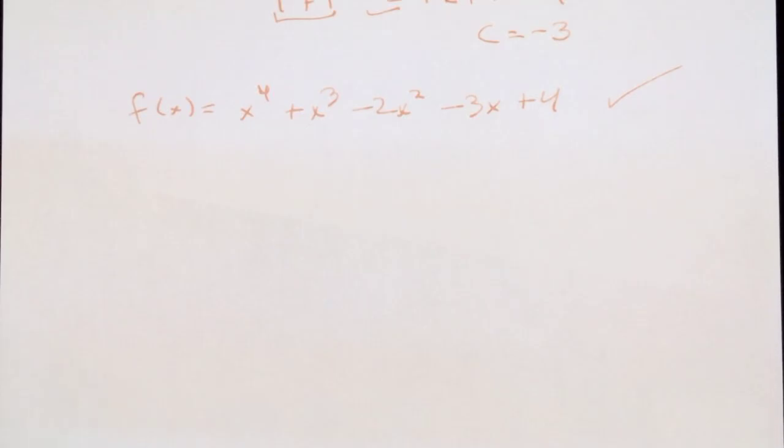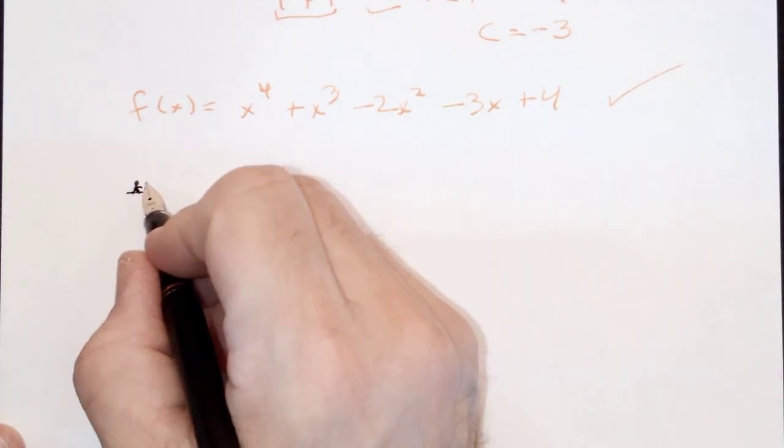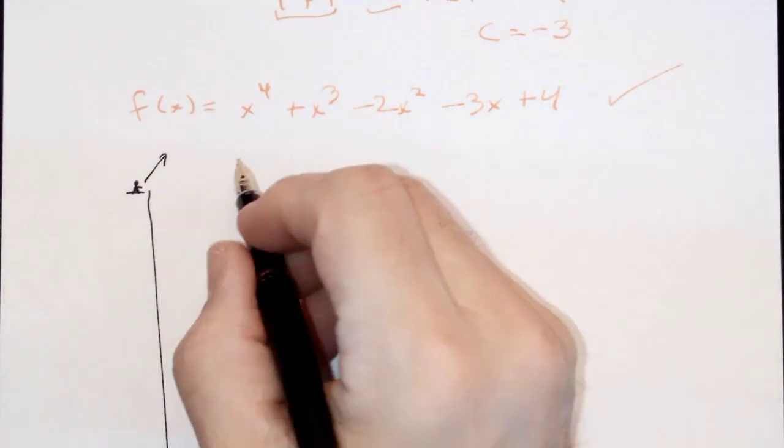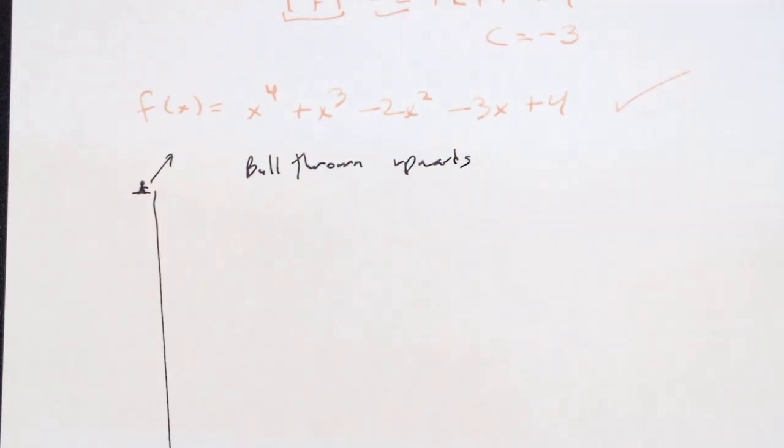We did derivatives for motion. I am standing at the top of a tall cliff, and I throw a ball up. Now, for the moment, I've drawn that at an angle.